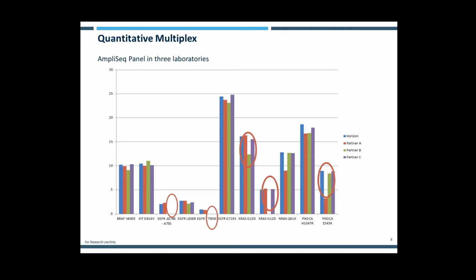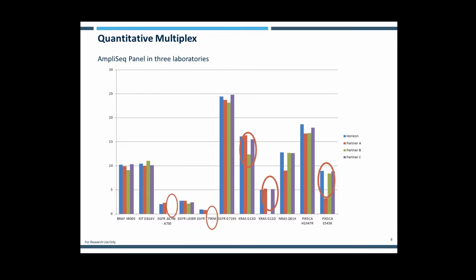Before I hand over to Natalie, I wanted to try and get some data into my first part of the talk. And this is really nice data from an AmpliSeq panel, using our most popular reference material, that's our quantitative multiplex. What we did was we sent this quantitative multiplex to 3 different partners and asked them to run this and look for the specific variants.